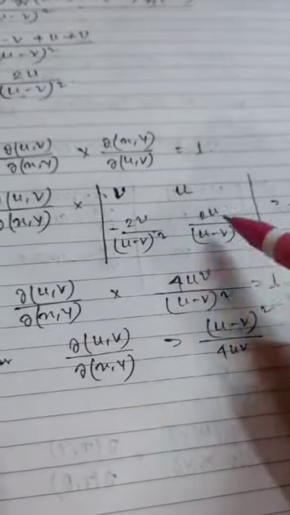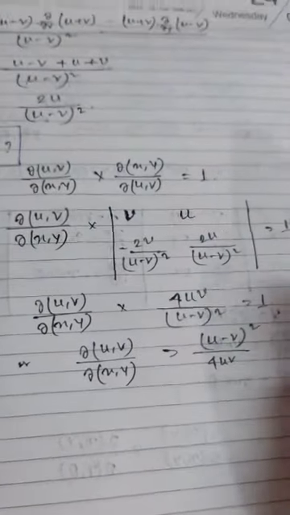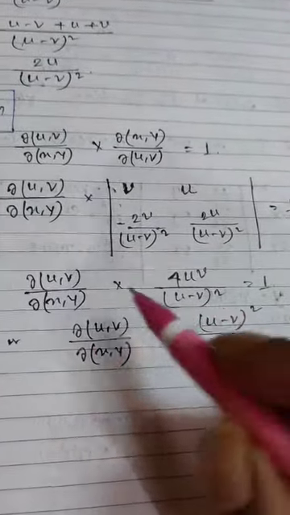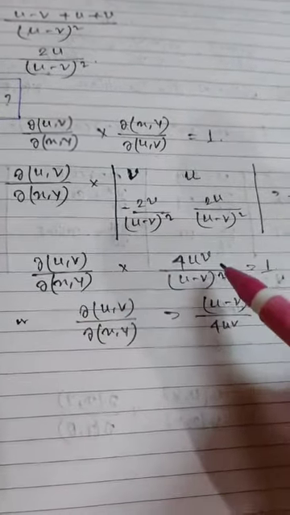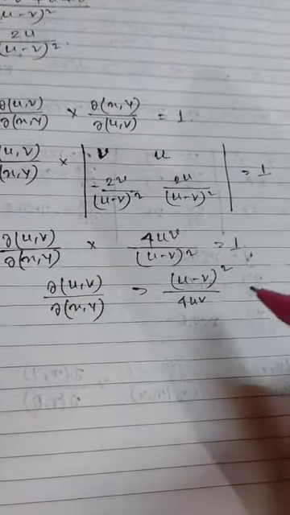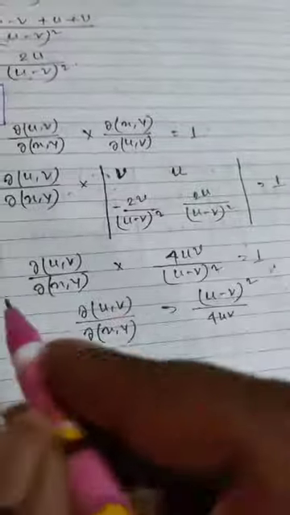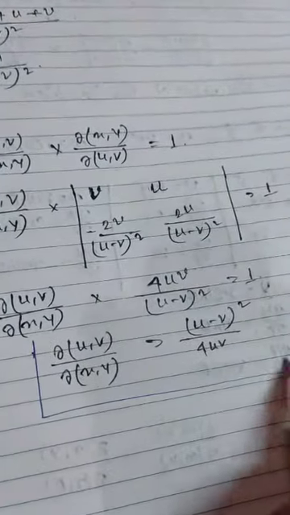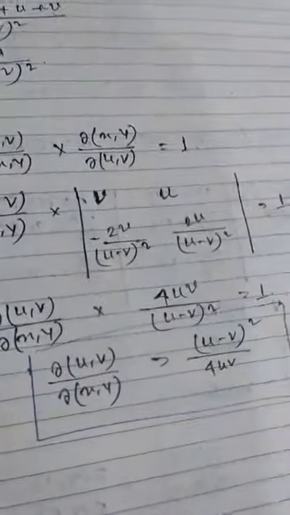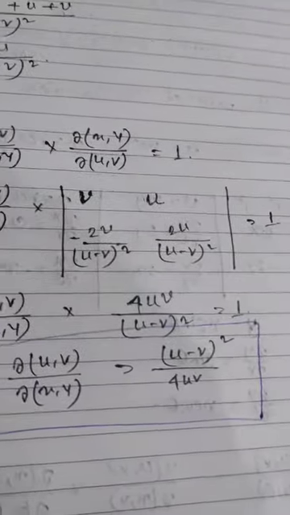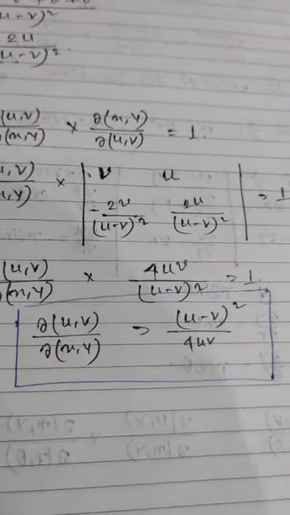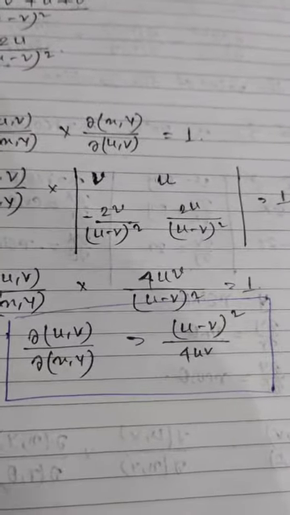If we calculate it, we get del(u,v)/del(x,y) into 4uv by (u minus v) whole square is equal to 1. And from here we can easily find that del(u,v)/del(x,y) is equal to (u minus v) whole square by 4uv. So this is the application of the first property.